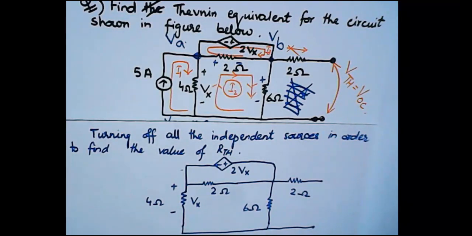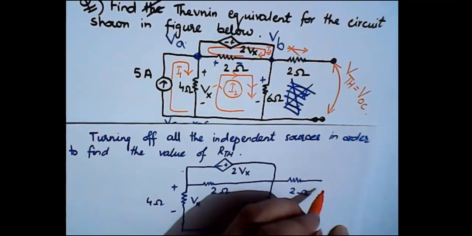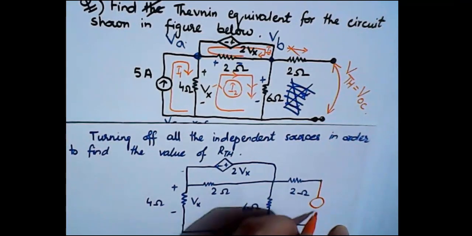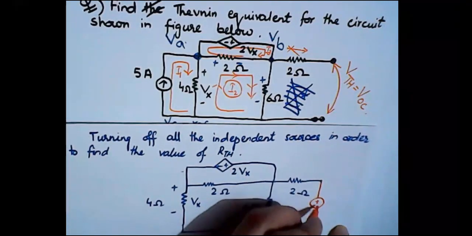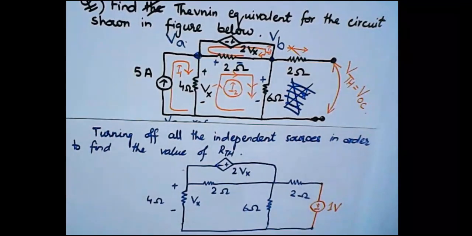You need to connect a voltage source or a current source of unit magnitude, plus minus 1, and then solve the circuit.